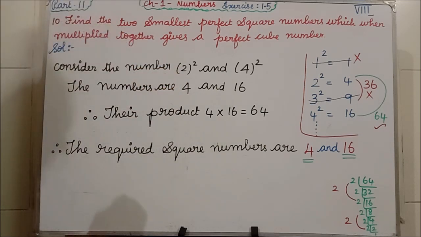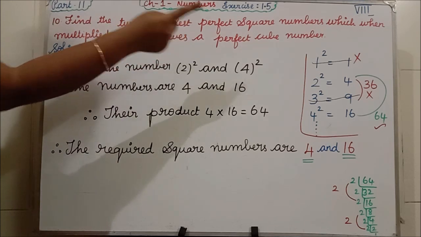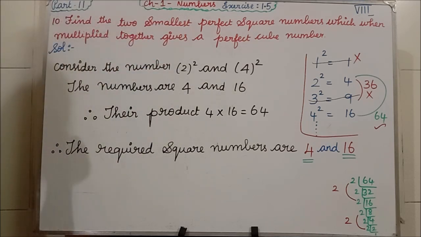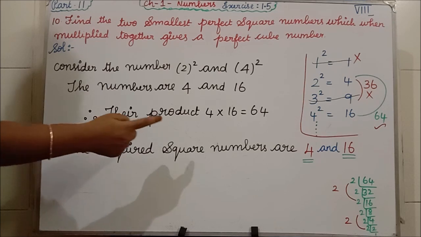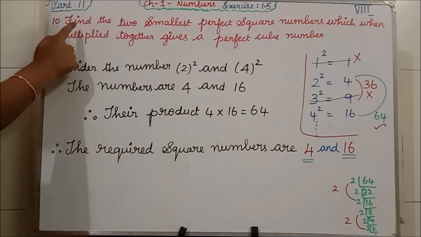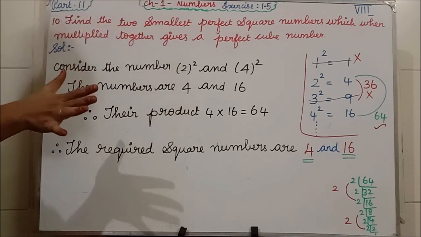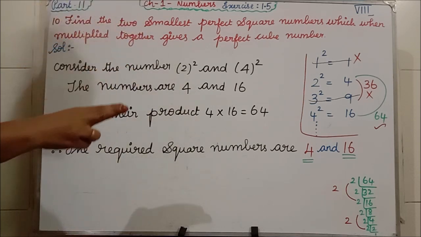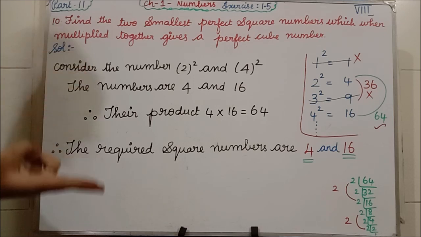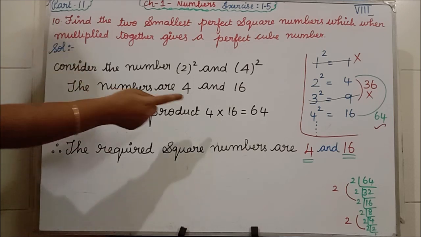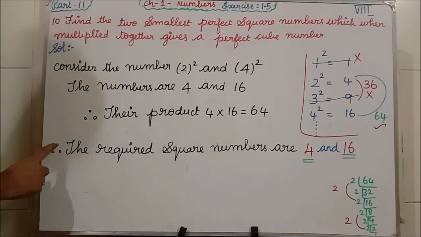Perfect cube number. In the question they are asking to find the two smallest perfect square numbers. So which two numbers, if you multiply, give a perfect cube? What are the two numbers? 4 and 16. Therefore, the required square numbers are 4 and 16.